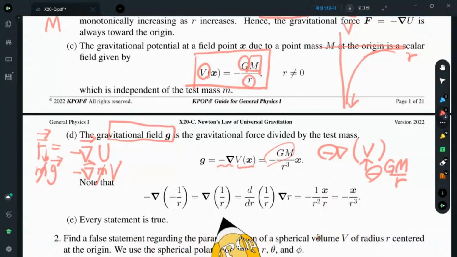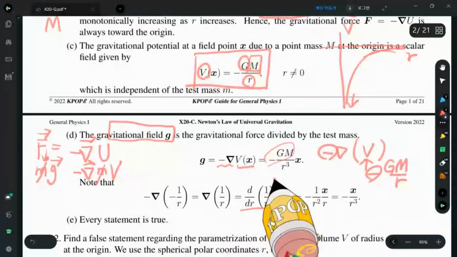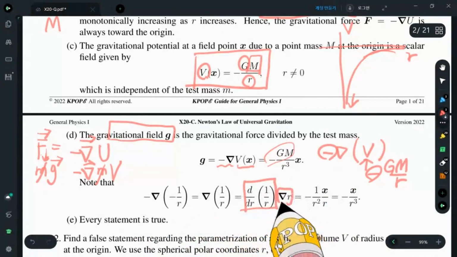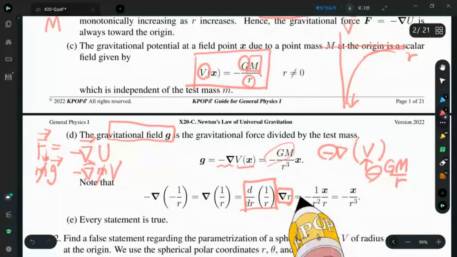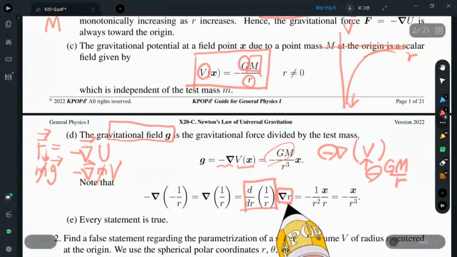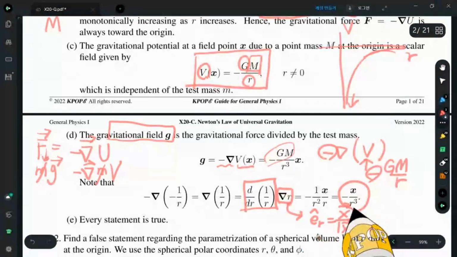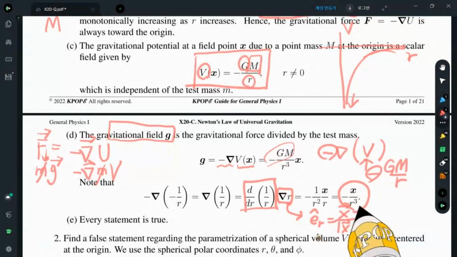Now we apply the chain rule. First, take the derivative with respect to r, and then multiply the gradient of r. We remember that the gradient of r is nothing but the unit radial vector, that is the position vector divided by its magnitude, r. Therefore, it is minus x over r cubed.